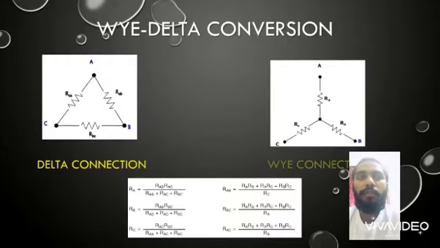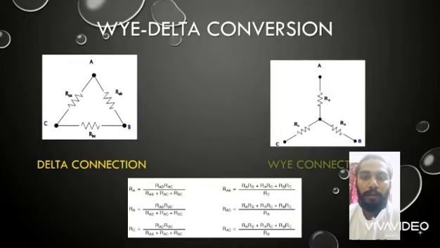Okay, now I want to explain about wye-delta conversion. Here we have two pictures. The left hand side is the delta connection and the right hand side is the Y connection. The formula to convert from delta connection to Y connection is RA equals RAB times RAC over RAB plus RAC plus RBC.